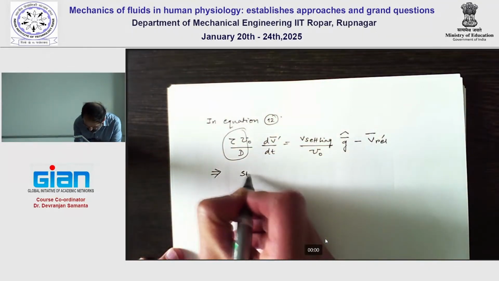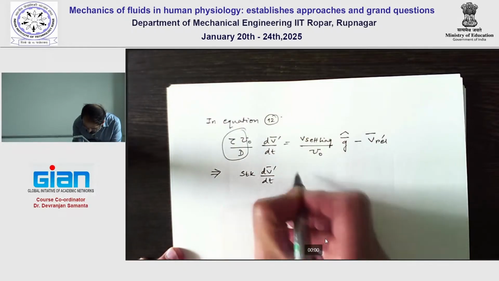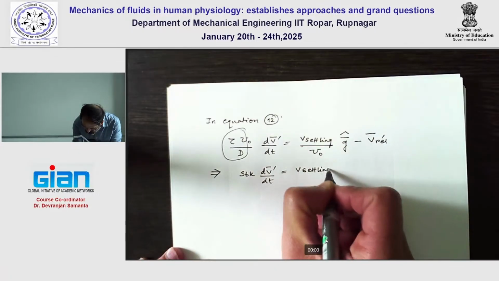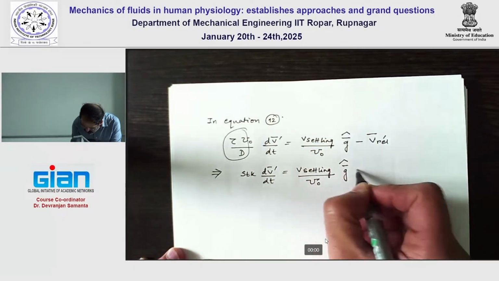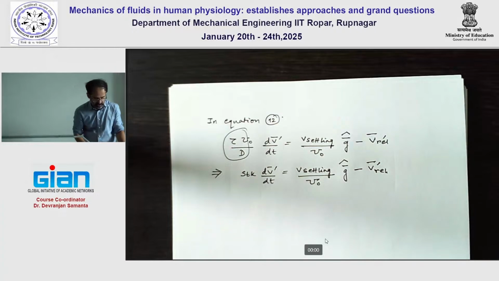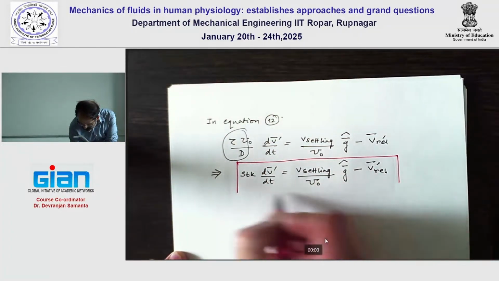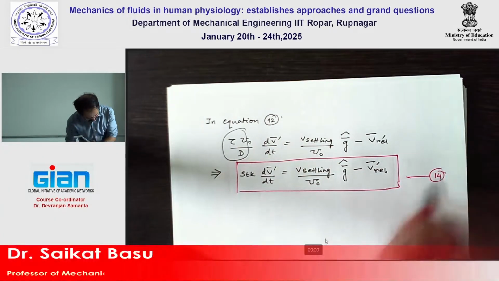So this is Stokes number times dv prime dt is v settling over u naught times g bar prime minus v relative prime. So let's block this equation out again. Let's call it equation 14.